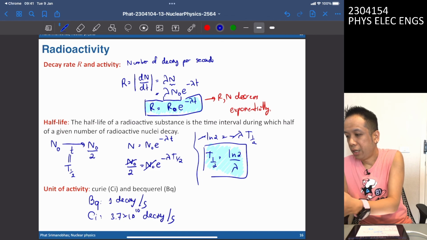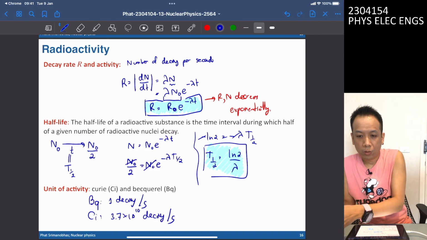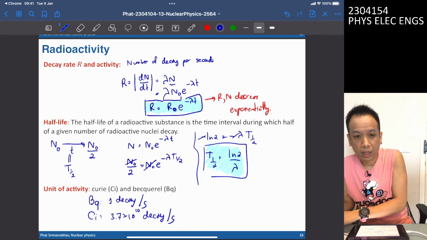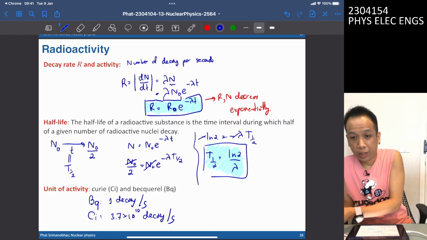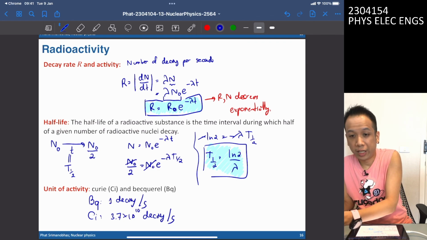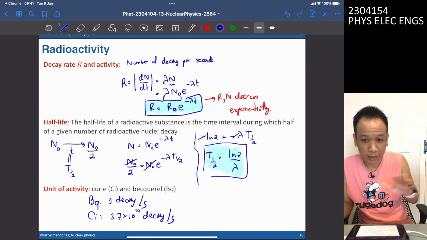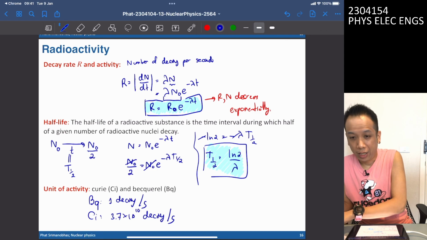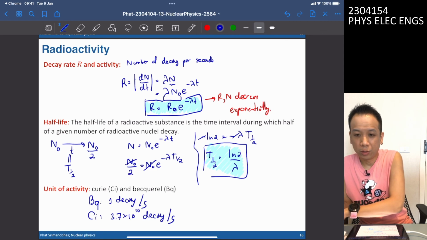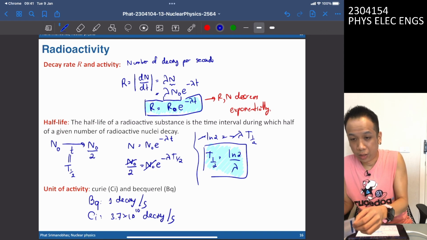So I think we're going to stop here for this video, and we're going to have the last one remaining for sure. Now we are talking about the decay process, which I need some time to prepare. I cannot really finish in 15 minutes, because it takes some time to make you understand how things work there.